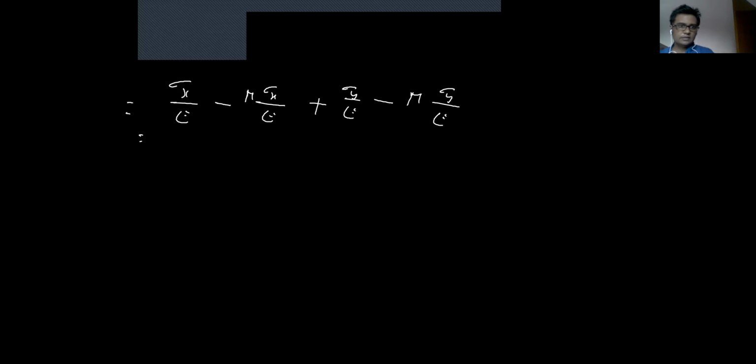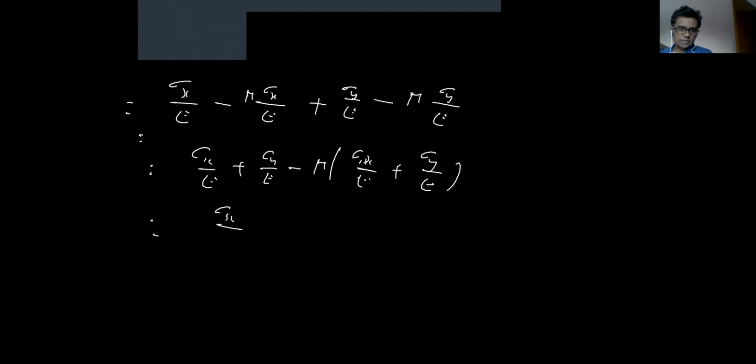Okay, fine. So it means sigma x upon E plus sigma y upon E minus mu times sigma x upon E plus sigma y upon E. So sigma x upon E plus sigma y upon E can be taken outside and it will be 1 minus mu. Okay, fine. This is the value of the net strain in the body.